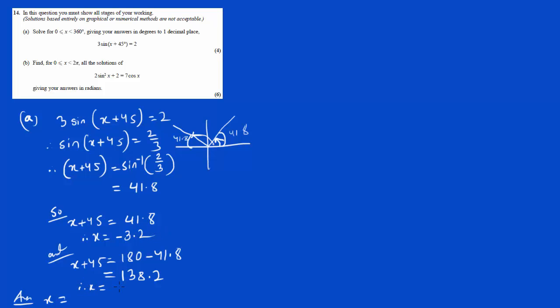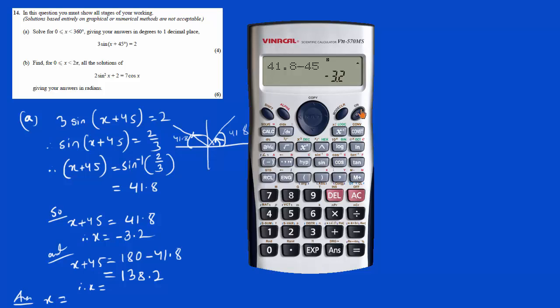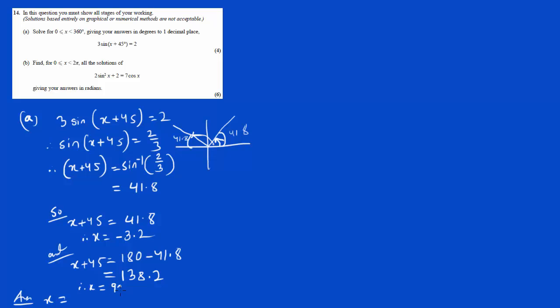And here x would be 138.2 minus 45, and that is 93.2. This is 93.2. Now we have to check which of these two values of x, which is minus 3.2 and 93.2, falls in the range of 0 to 360 degrees. That is our range.